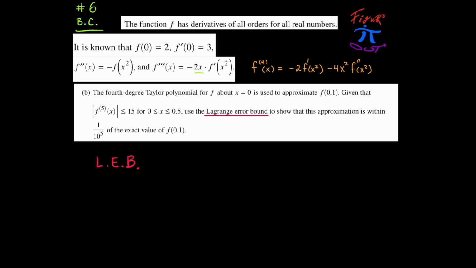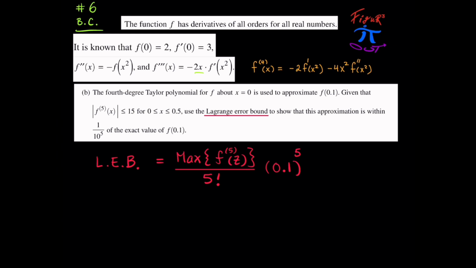So now the Lagrange error bound can be defined as the maximum value of the fifth order derivative on that interval, at a value for which it takes on a maximum, divided by 5 factorial and multiplied by 1/10 to the 5th power.